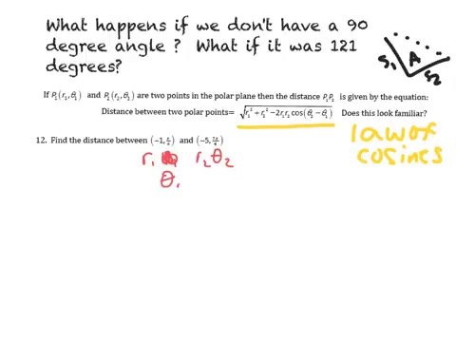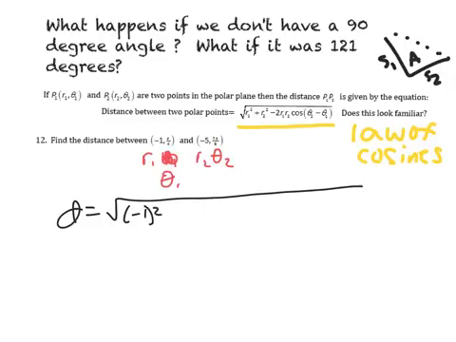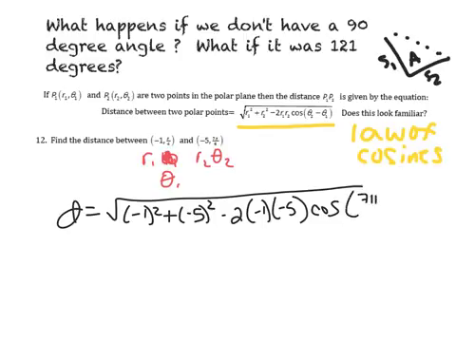So I'm just going to plug it in. My distance is going to be equal to the square root of my r1 squared plus my r2 squared minus 2 times my r1 times my r2 times cosine of the angle in between. And you need to do the bigger minus the smaller. Okay, and if you stick that all in the calculator, you're going to get that this is about 5.29.